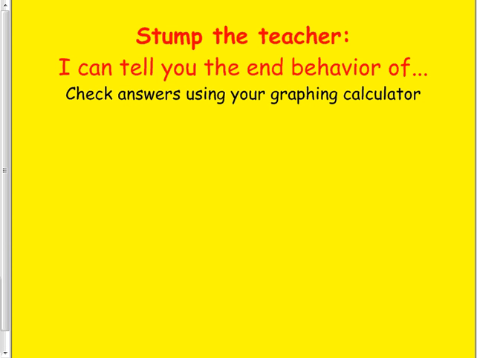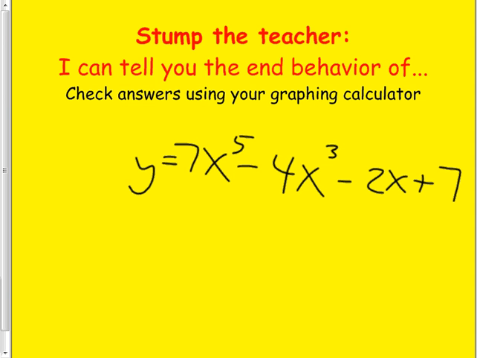Now, the cool thing is I can predict if you give me a crazy looking equation like 7x to the fifth minus 4x to the third minus 2x plus 7, I can tell you what that graph's going to kind of look like. Even though that is a really complicated looking equation, I can tell you how it ends. It's like how the story ends, okay?